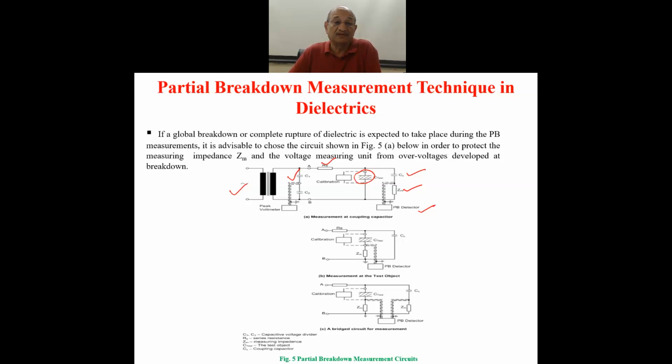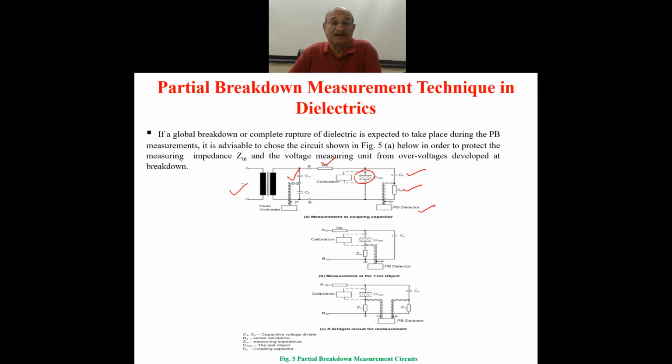Can you imagine what is the purpose of this series resistance? It is to limit the current going to the test object in case of a short circuit, in case of a failure in the dielectric, because the partial breakdown measurement is again like in the capacitance formed by the dielectric.